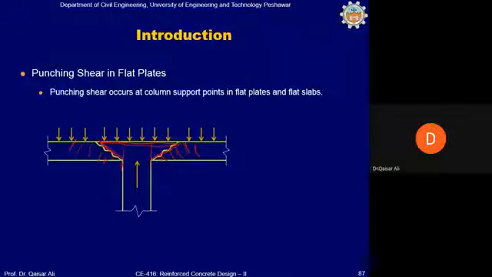If we want to calculate the shear load which is causing the separation of the slab, it is basically the load on this hatched part that is causing this shear, because the remaining part is not involved; that load goes directly to the column.